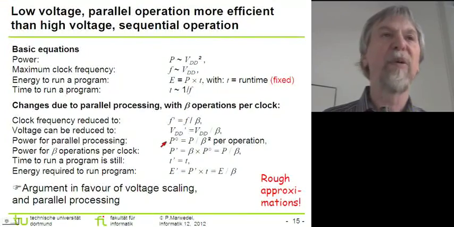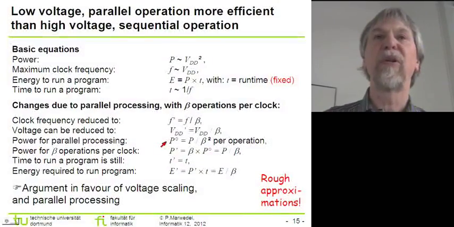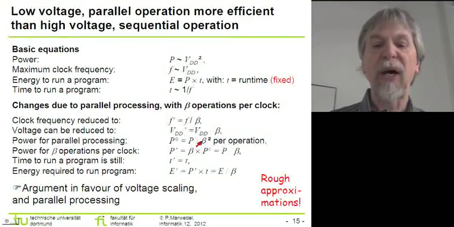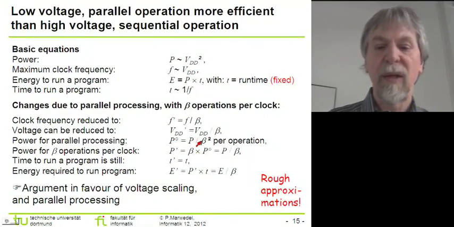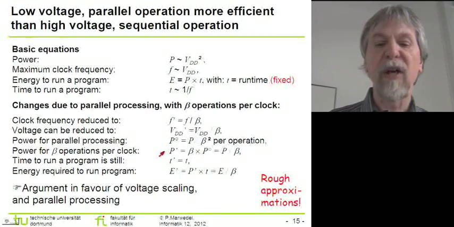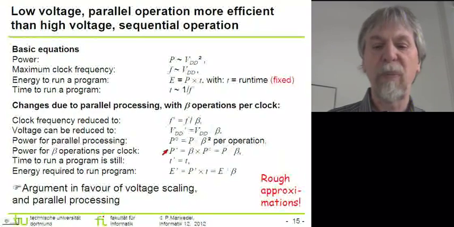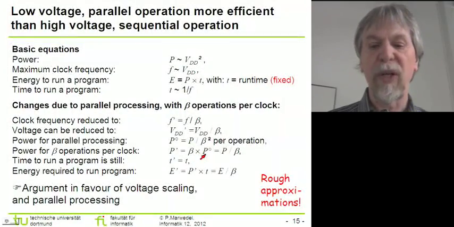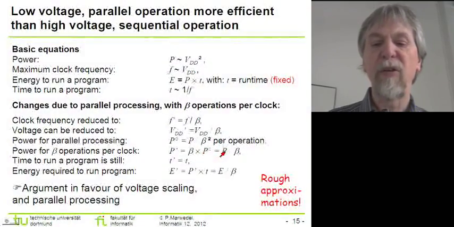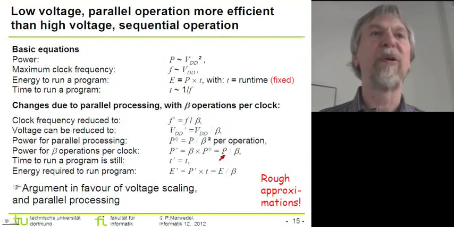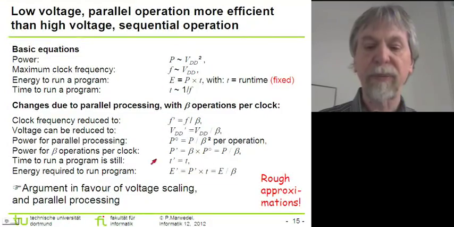As a result, we would be reducing the power consumed in such an operation by beta squared. Since we are now executing beta operations per clock, we arrive at a new power consumption, P prime, which is beta times the power consumption per operation. And this means that the new power consumption is the old power consumption divided by beta. So we reduce the power consumption.